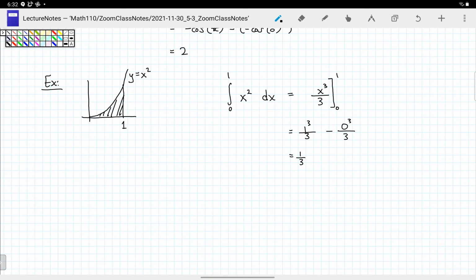So what we're going to do in section 5.4 is we're going to use the integral symbol to denote antiderivatives. So if we write an integral with no boundary points, this is going to be a family of antiderivatives.